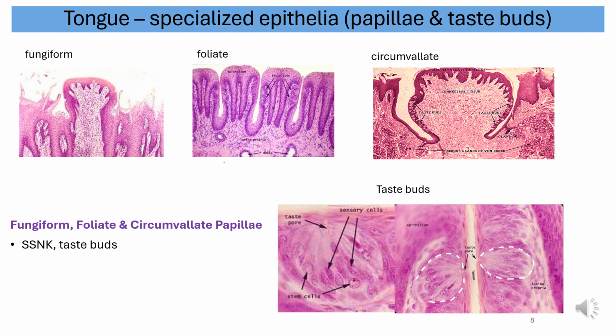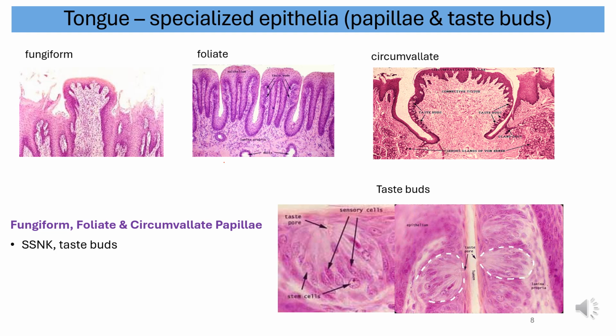And here are the other three papillae: fungiform, foliate, and circumvallate. Fungiform is called fungiform because it looks a little bit like a fungi, mushroom in shape. The other two are a little more roundish in shape.